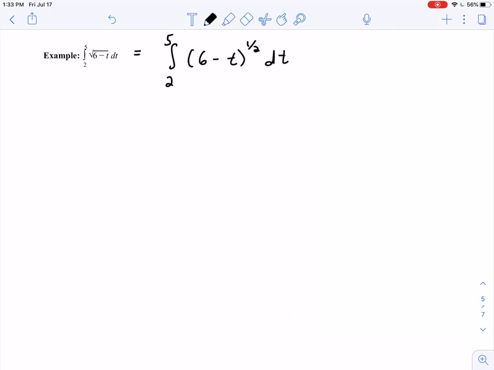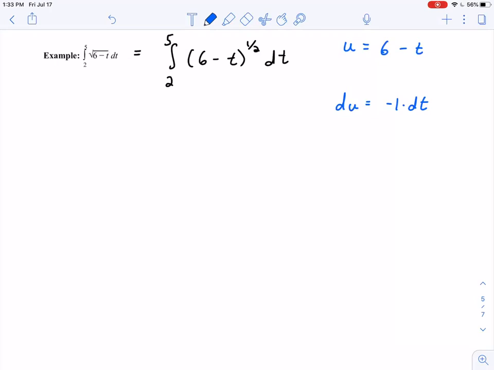Now I want to show you two different ways to use substitution within definite integrals. Your substitution is going to start the same no matter what. So I'm going to pick u equal to 6 minus t. du is equal to the derivative of 6 minus t, that would be -1 times dt.